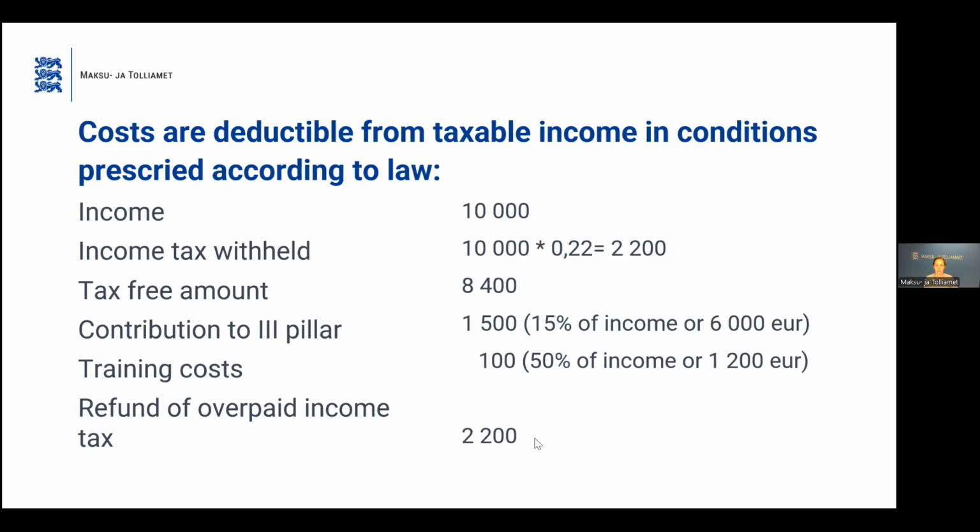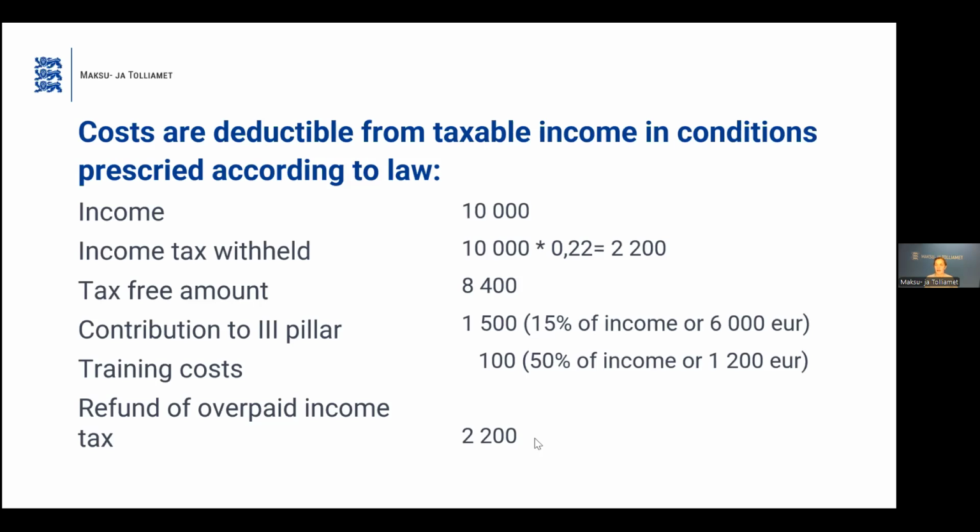Normally, in order to enable your payer to take into account this tax-free amount, you should submit application to the payer to apply for use of tax-free amount. This is done once and to your payer, not to the tax administration.